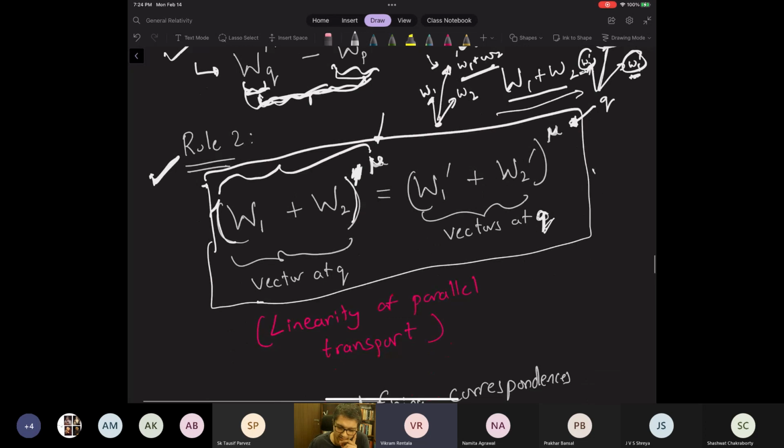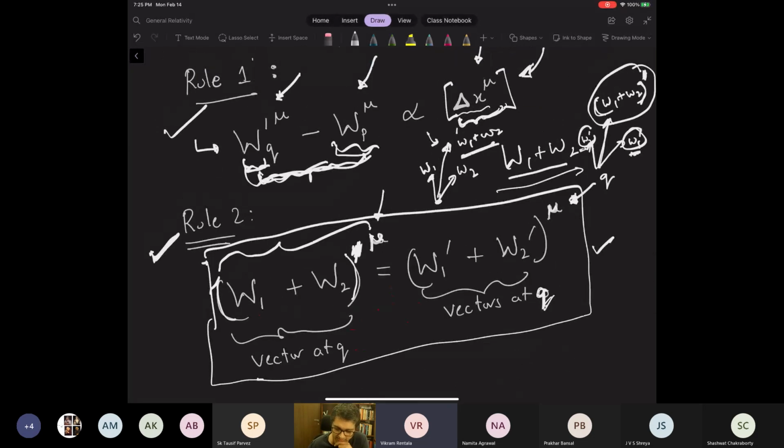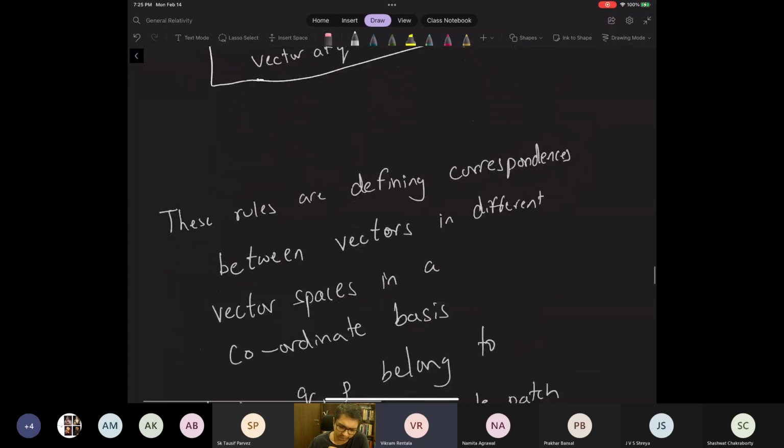And the second rule is that parallel transport commutes with the operation of addition of vectors. Sorry, maybe that's not the right statement of linearity. It doesn't matter whether I add them first and then parallelly transport, or I transport and then add. You'll get the same result.